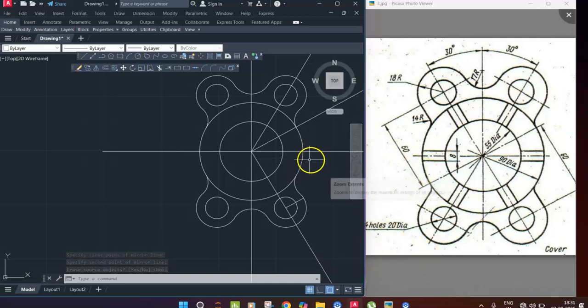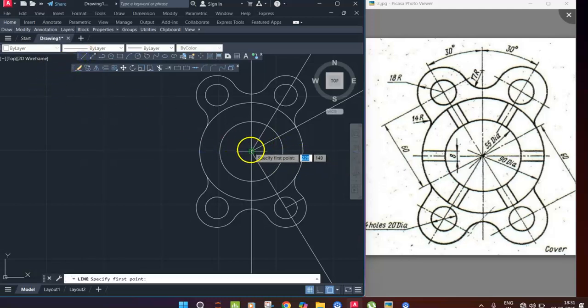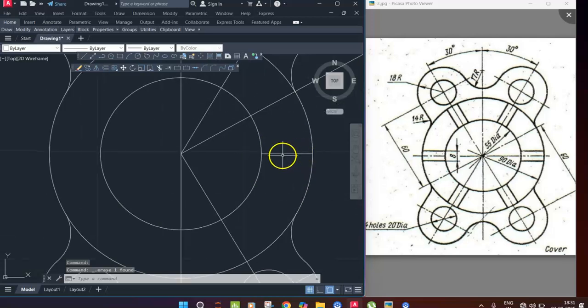Then what we have to do, if you observe, there is a strip. There is a strip here. I have drawn a strip. So we have to make an offset of this one.